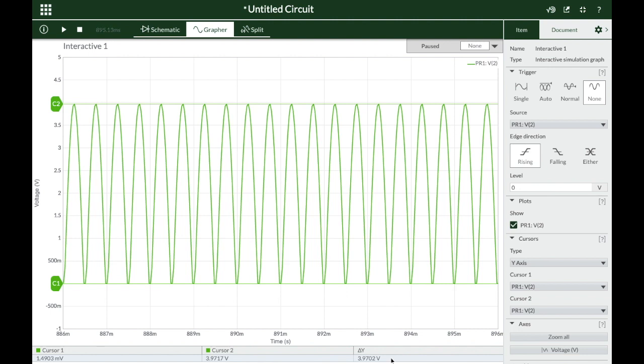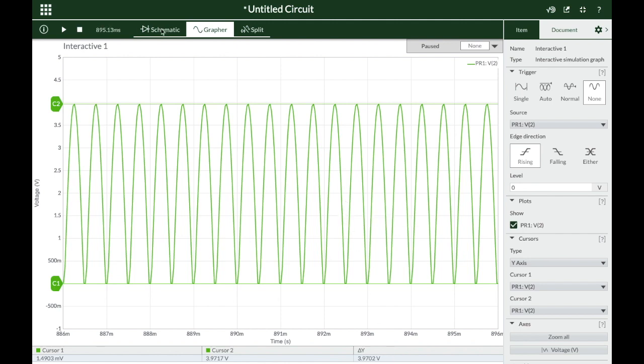Okay, so here we can see that the Vm has increased with increase in load resistance. That shows that DC voltage, which is Vm into 0.636, has increased with increase in load resistance.